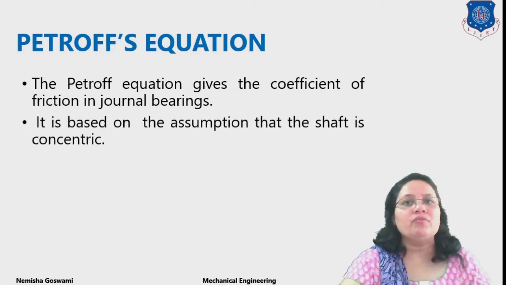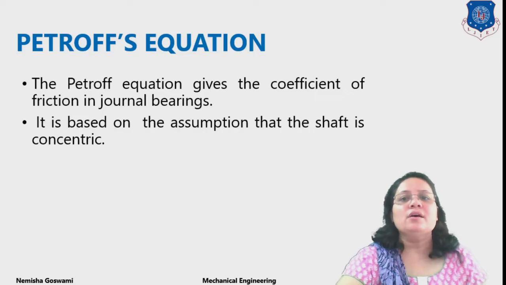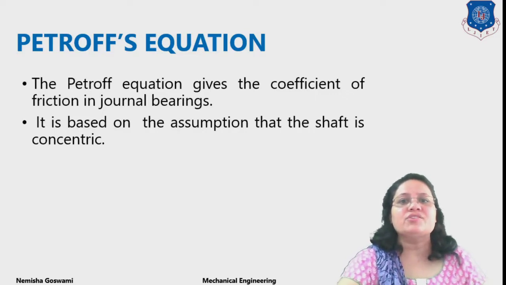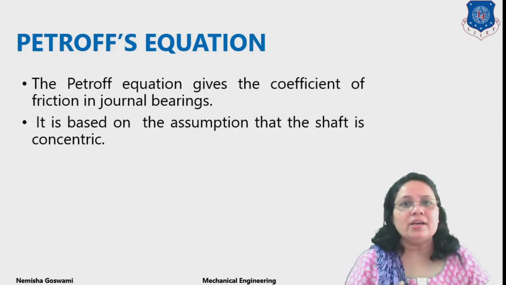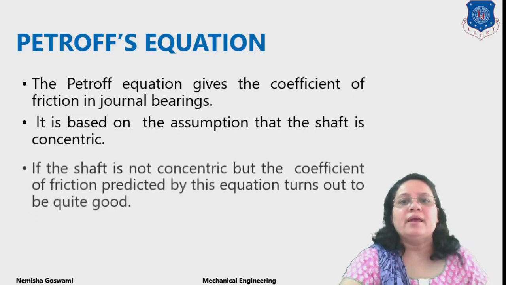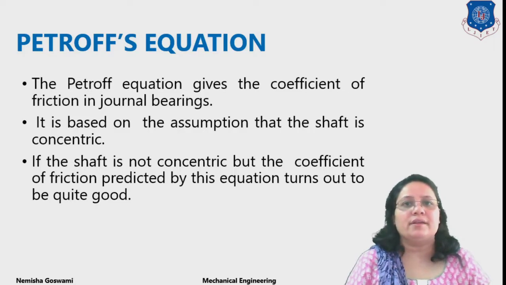Before deriving any type of equation, it is required to make some assumptions. The first assumption is that the shaft is concentric, meaning the center of rotation of the shaft coincides with the center of rotation of the bearing. First we consider that the center of the shaft is the same as the center of the bearing.